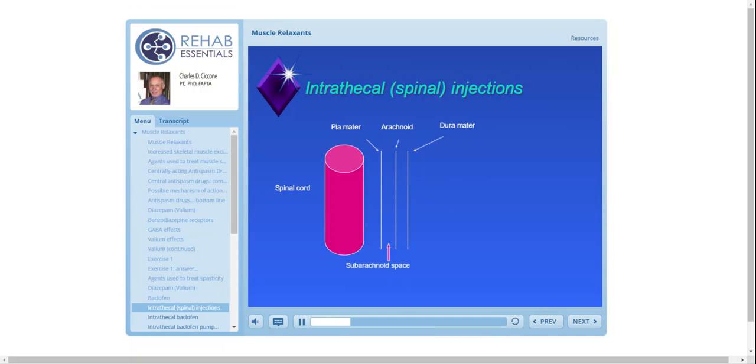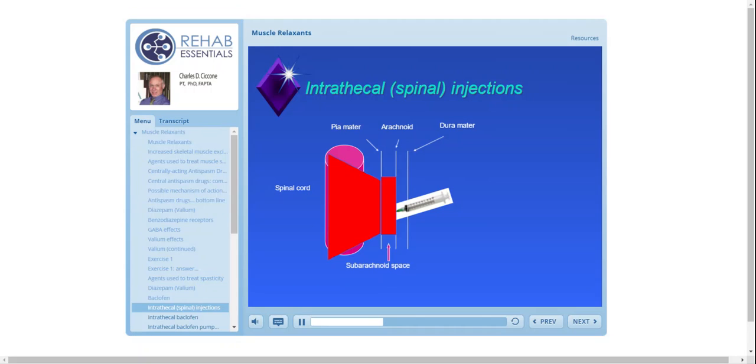What we're concerned about is putting the drug into this space between the arachnoid layer and the pia mater that we refer to as the subarachnoid space. So the idea is, if you can administer the drug into this area, it can then penetrate through the pia mater and bathe the spinal cord in the drug.